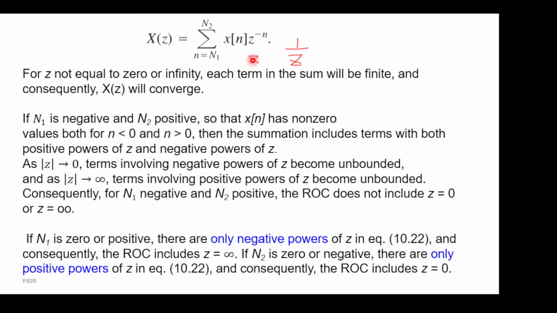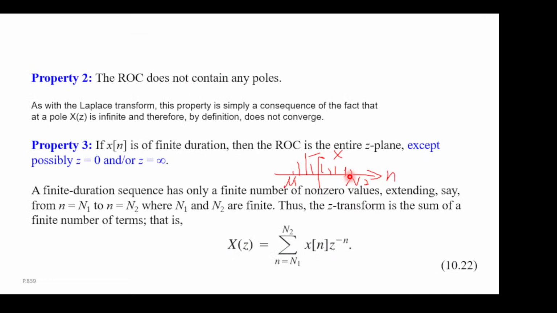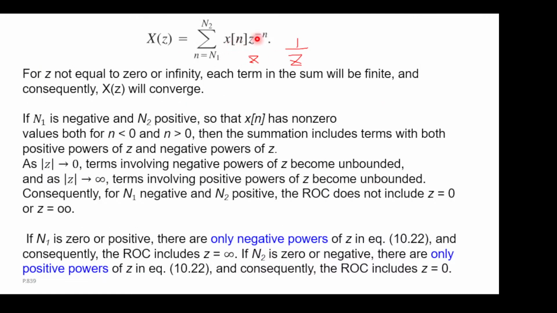And okay, but sometimes you can still include one of them. So let's say, actually you can include both of them. But let's see in what case they can be included. So let's say your n1 is positive or 0, so you are starting here, okay. Then n1 is positive or 0, so you don't have negative n terms.